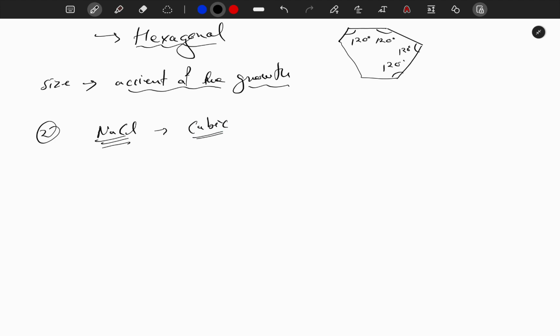If you see crystals of common salt, you will see that they are not perfect cubes, but you will find that the faces are exactly at right angles, perpendicular to each other. So these are the properties of crystals.